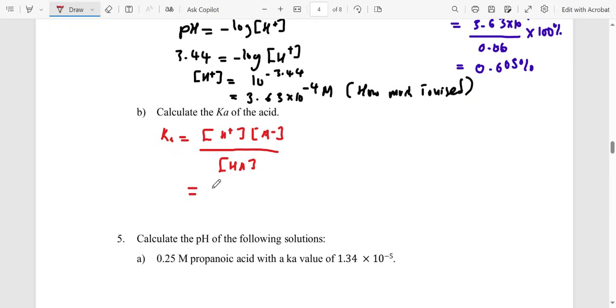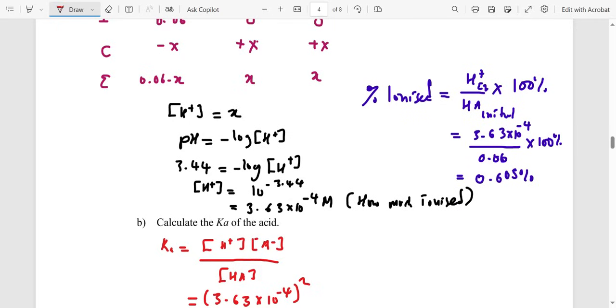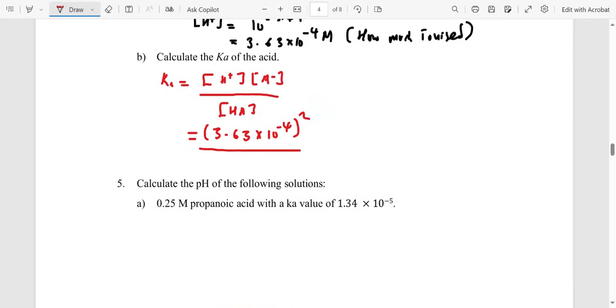So that's what we put here, 3.63 times 10 to the power negative 4. But because it's the same value, instead of writing it twice, I'll just raise it to the power 2. And then we'll divide by the concentration of HA at equilibrium. Now look at this. At equilibrium, can you see that the concentration of HA is 0.06 minus x? So that's what you write.